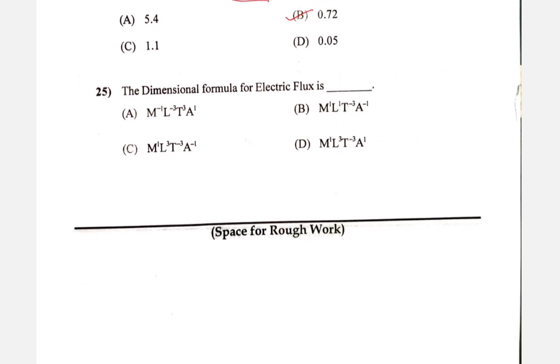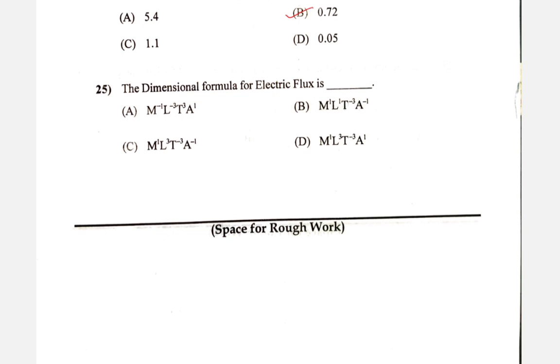The next question will be the dimensional formula for electric flux. We know that electric flux is equal to E into A, and E is equal to force per unit charge. Force is equal to M1 L1 T minus 2 divided by A1 T1, which gives M1 L1 T minus 3 A minus 1, which is the electric field.